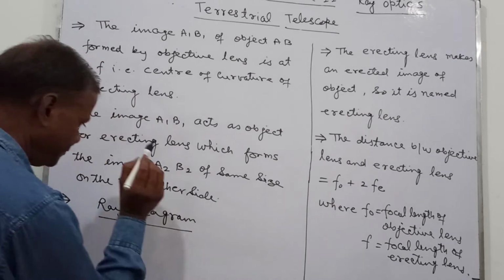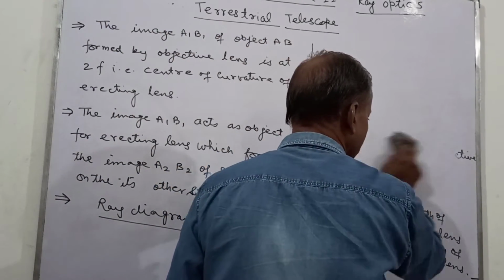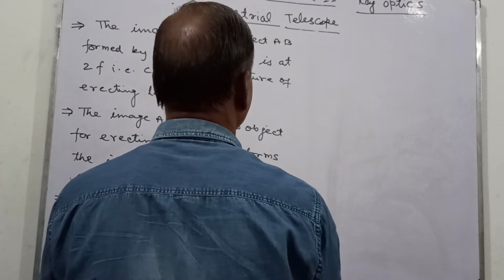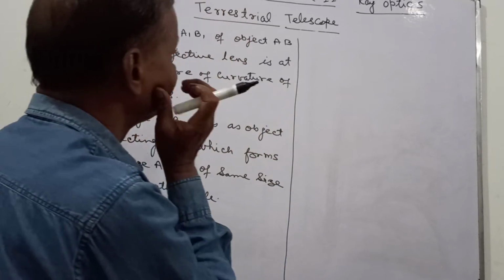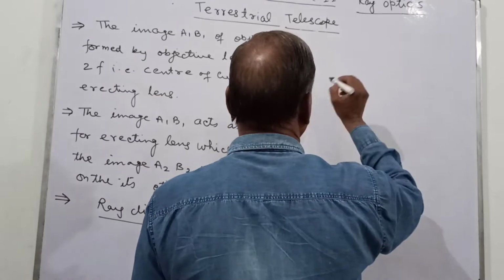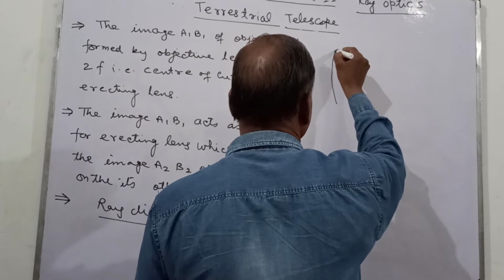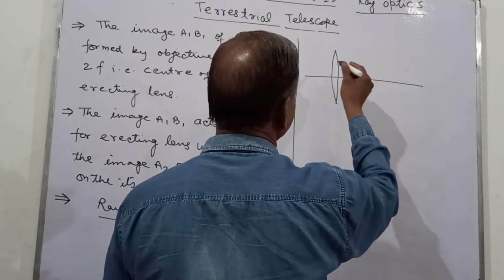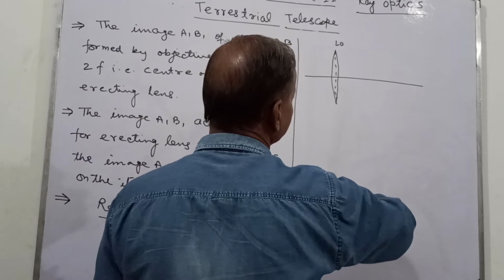Ray diagram. Now here is the objective lens. This is L0.